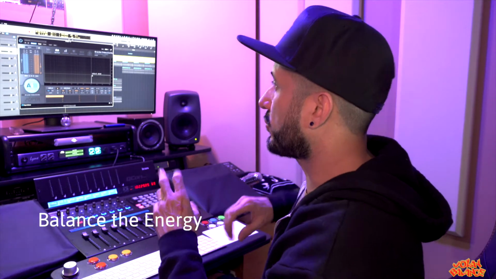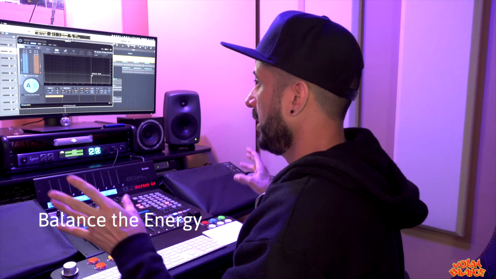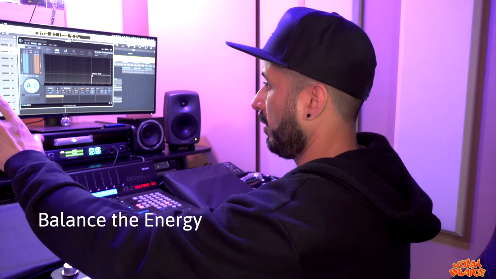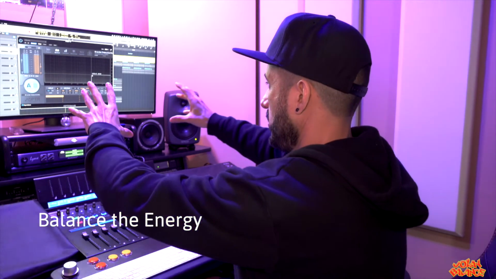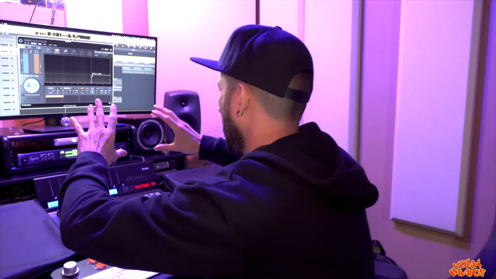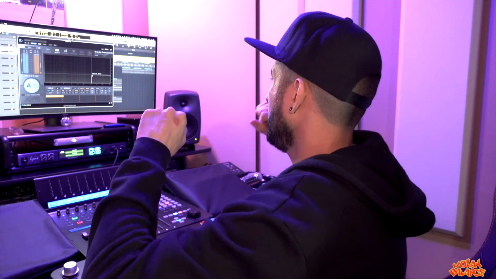You start adding all these parts to your track, and before you know it, you have this buildup of low end on your sides, and maybe not enough punch in the middle, and it's all dependent on the samples and the synths that you use.